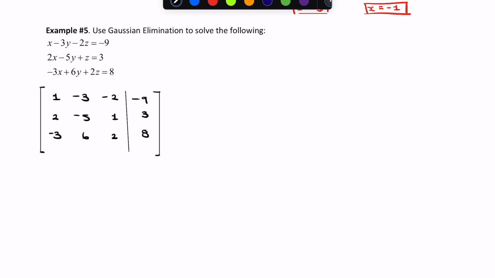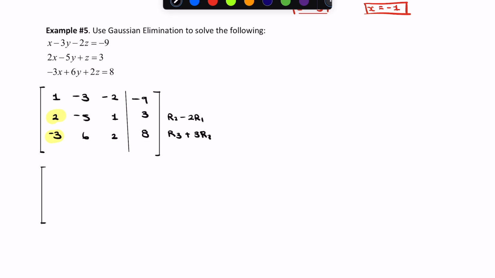Okay, so first thing we're going to do is, again, simplify column 1, row 2, and row 3. So for row 2, we'll take row 2 subtracted by 2 of row 1 to make that 2 to 0. And for row 3, we'll take row 3 plus 3 of row 1 to make the -3 to 0.